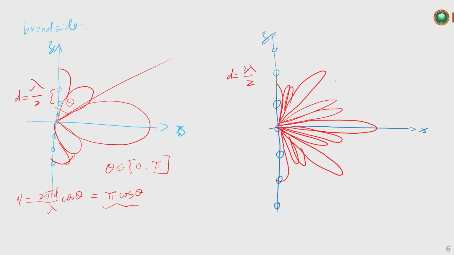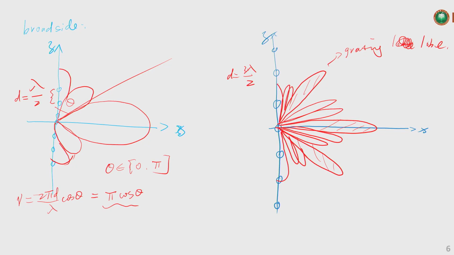So why does it become like this, such a kind of pattern with all the lobes, the grating lobes? Because we get our main lobe, it is a repetition of our main lobe, like this one.